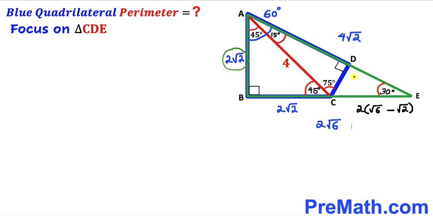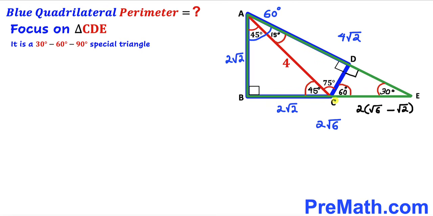And now let's focus on this tiny right triangle CDE. We know this angle is a 90 degrees angle, this angle is a 30 degrees angle. So therefore we conclude that this angle has got to be a 60 degrees angle. So therefore we conclude that this triangle CDE is our 30, 60, 90 special triangle.